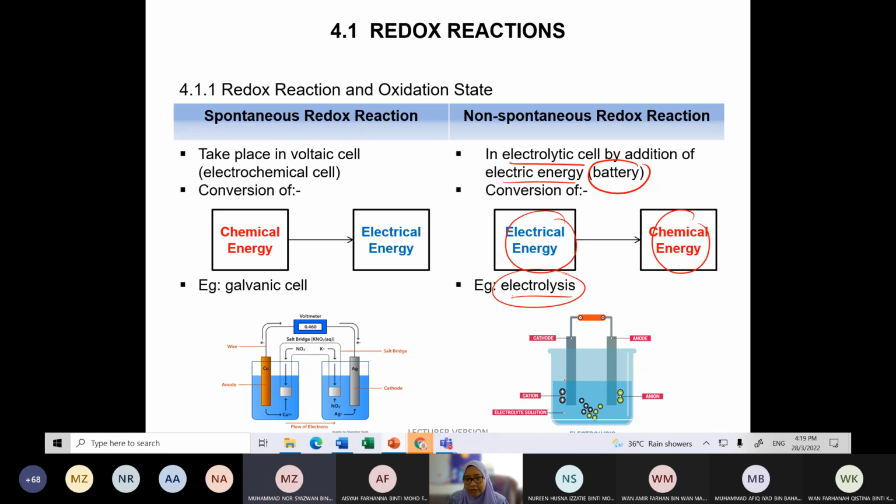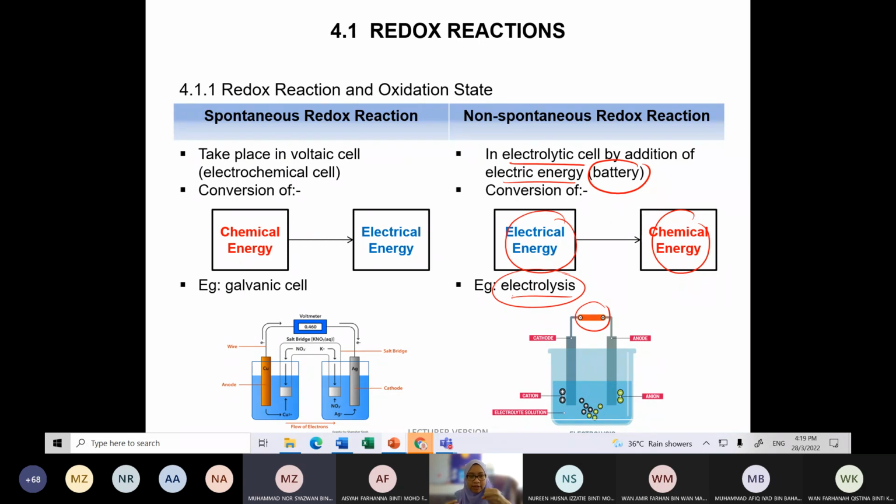So this is how an electrolytic cell looks like. So this is the battery. So we need the battery. Kenapa nak battery ni? Because it creates the beginning punya step.